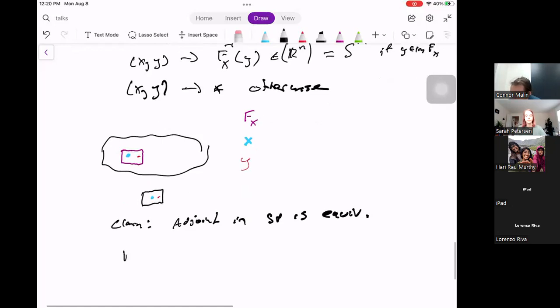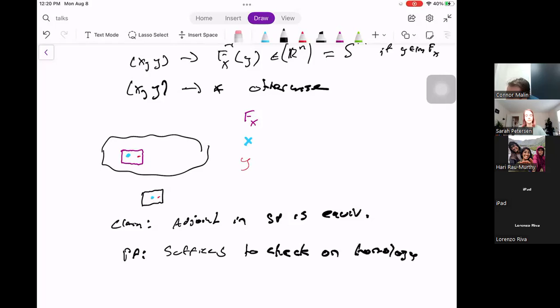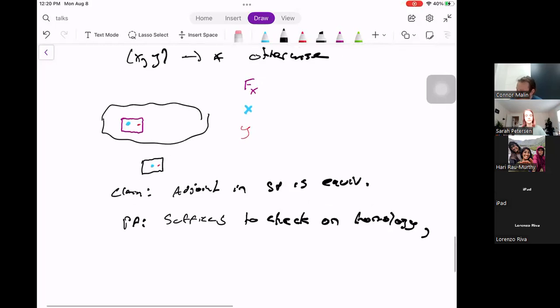And the proof of this is that it suffices to check it on homology. Now here's a fun thing to formally check. It's somewhat obvious in the case the homology classes are represented by submanifolds, but the general case is a little harder.